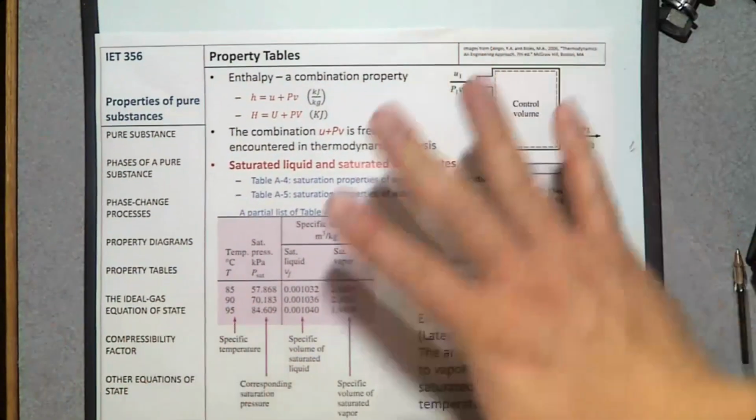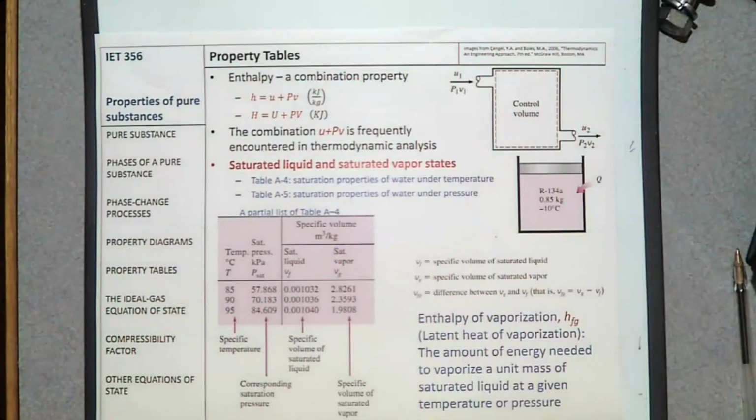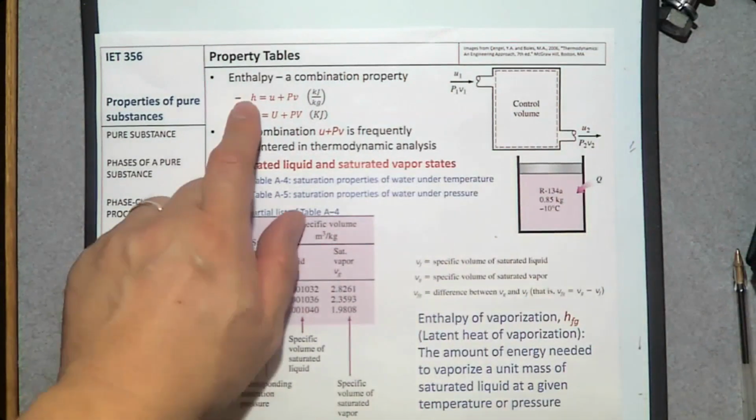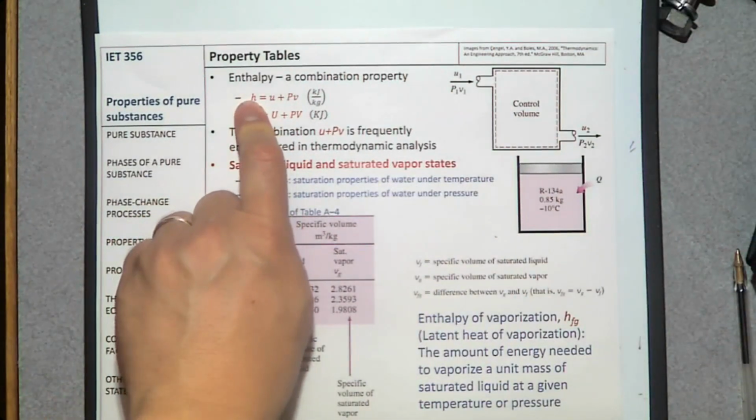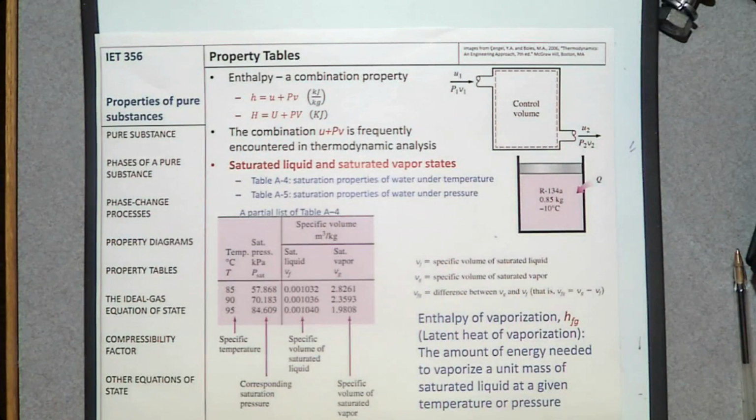Then, before we go forward, let's learn one more thing, that is enthalpy. Enthalpy is H. This enthalpy is a combination property. That means that when you add this U, by the way, this U is what? Internal energy, right? What is PV?